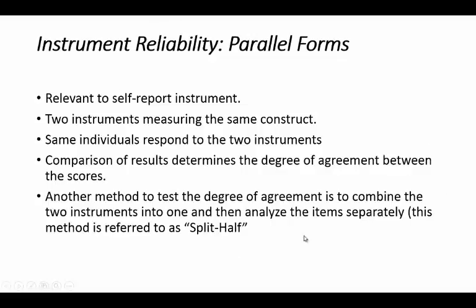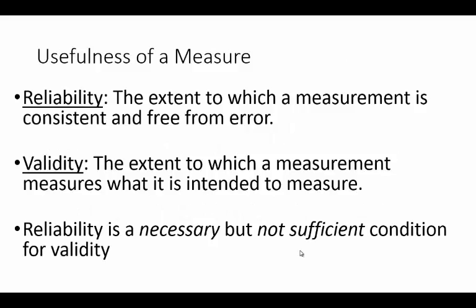As you can see, we're trying to compare 2 instruments to see if the results are similar to each other, and if they are measuring the same thing. So that's another way of testing self-report instruments for reliability.